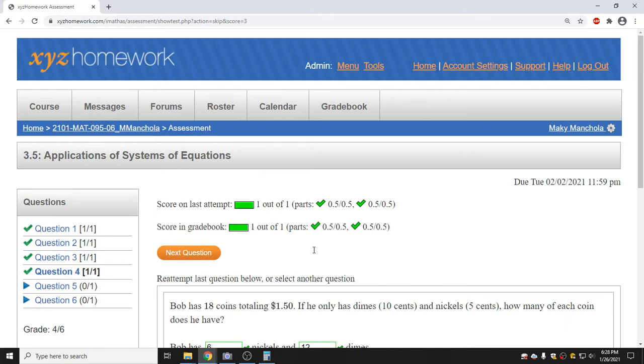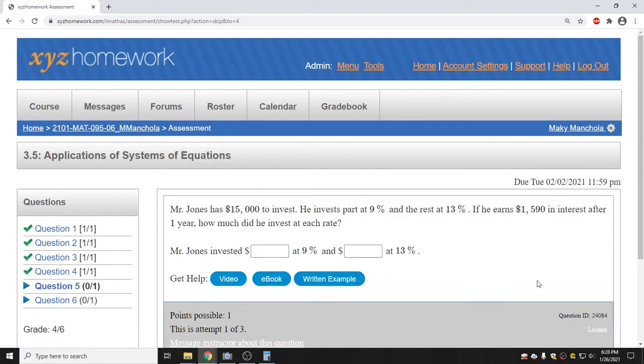Okay, let's try one more example. Question 5. Mr. Jones has $15,000 to invest. He invests part at 9% and the rest at 13%.